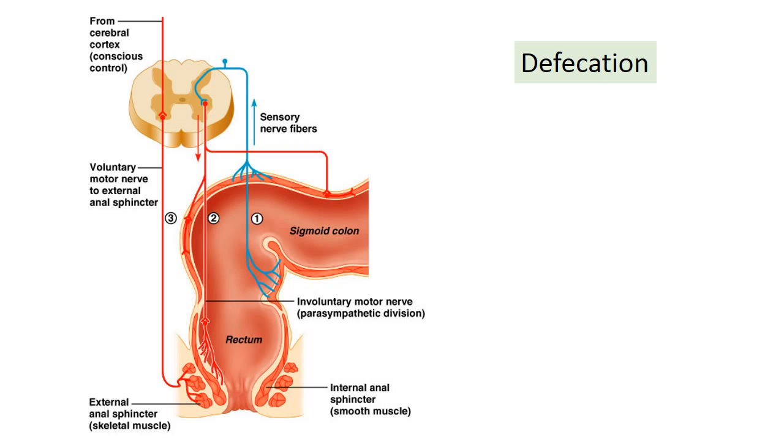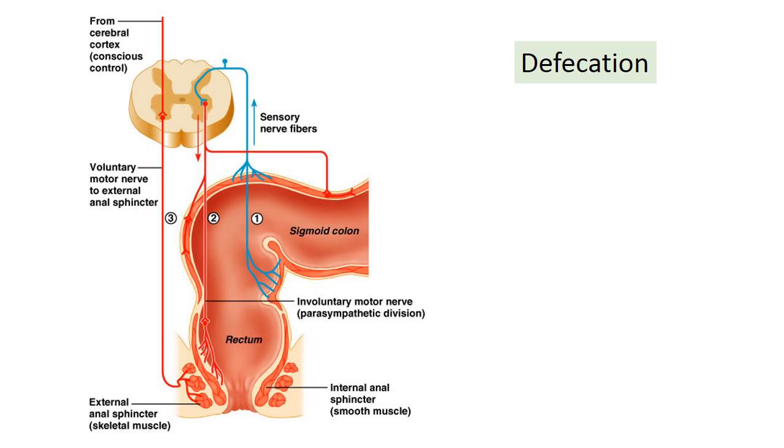This slide will illustrate the defecation reflex. So as fecal material enters into the sigmoid colon and then into the rectum, there are stretch receptors in the wall of the rectum. As the rectum becomes distended with the fecal material, these stretch receptors will fire and send that information to the central nervous system. And as a result, there will be a reflex in which the internal anal sphincter, which is composed of smooth muscle, will relax.